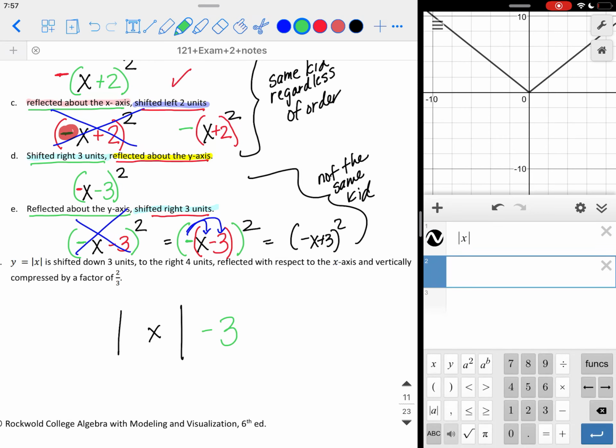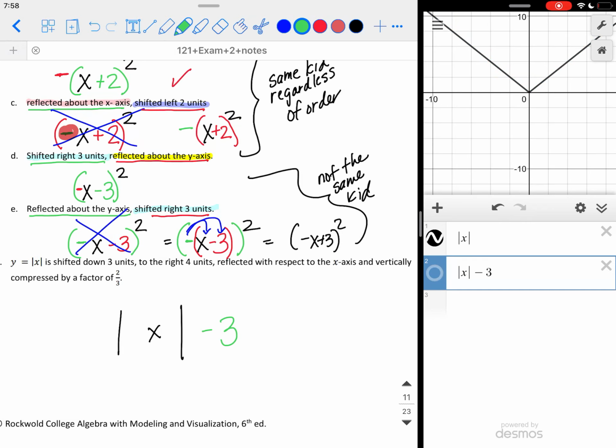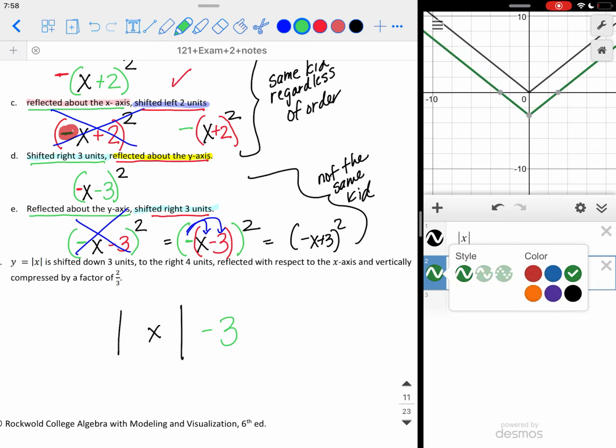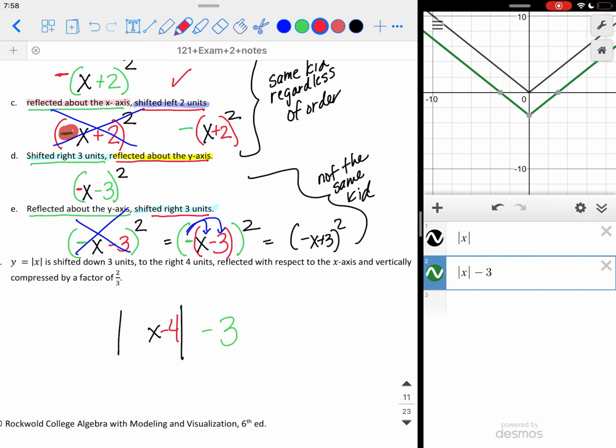So here it is. Absolute value of x minus 3. And we want it in, I'm going to run out of color here, in green. Yep, I shifted it down 3. And then I'm going to shift it to the right 4 units. So we said here to the right 4 units is going to be a minus 4. Let's check it. So the green kid in utero should shift 4 units to the right.